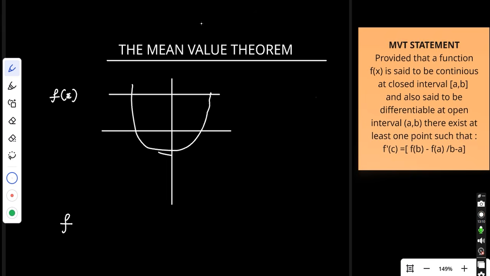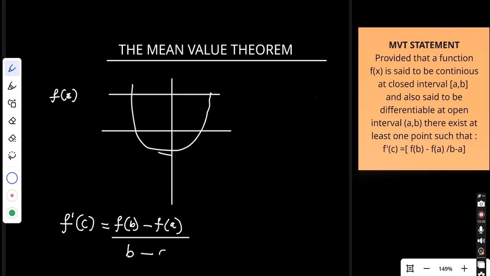So we now have that f prime of c, which is the general formula for the mean value theorem, will be equal to f of b minus f of a over b minus a.